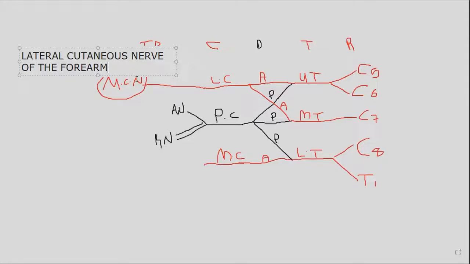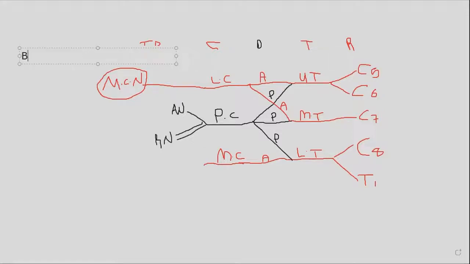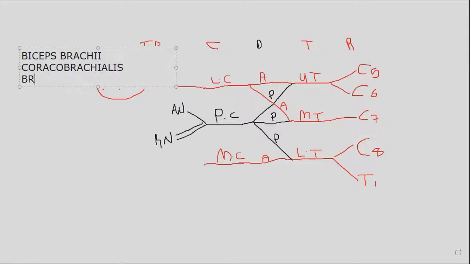So the musculocutaneous nerve has two parts. You have the muscular part, which innervates three muscles. The three muscles, like I said, you have number one, the biceps brachii. The second one is the coracobrachialis. And the last muscle is the brachialis muscle.